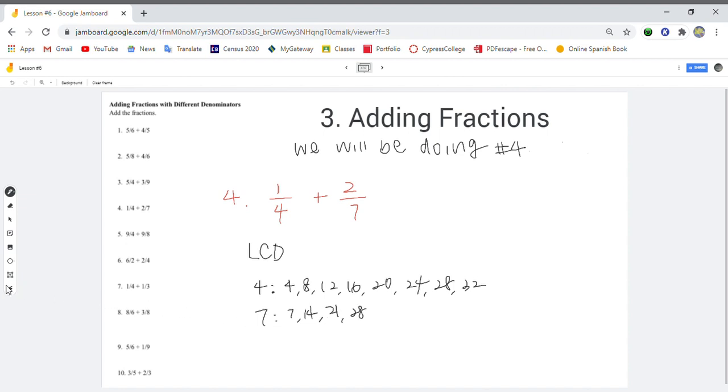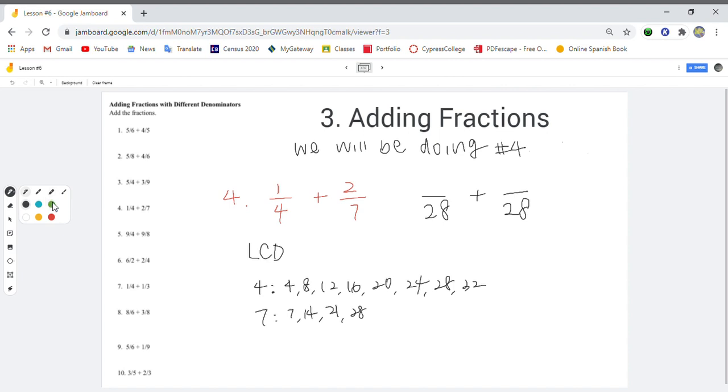Oh, and look over here, we found a least common denominator, 28 and 28. So that will be your least common denominator, 28 plus 28. So just write it out like this, it's much easier.